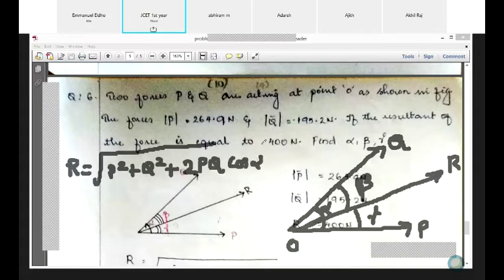The value of R is known, 400. P is given, Q is given, then alpha is what? The only unknown is alpha. Find the answer and tell me.